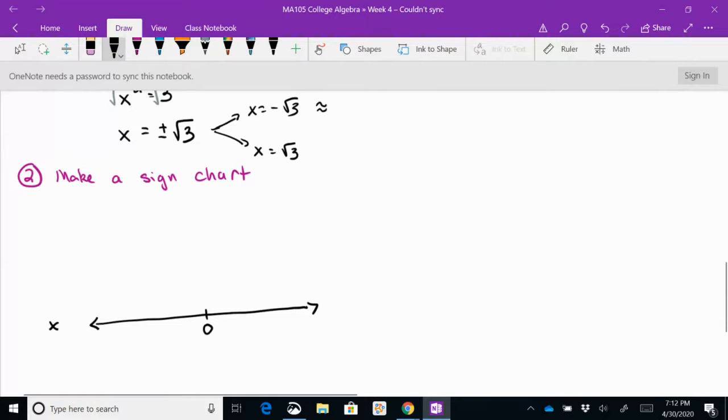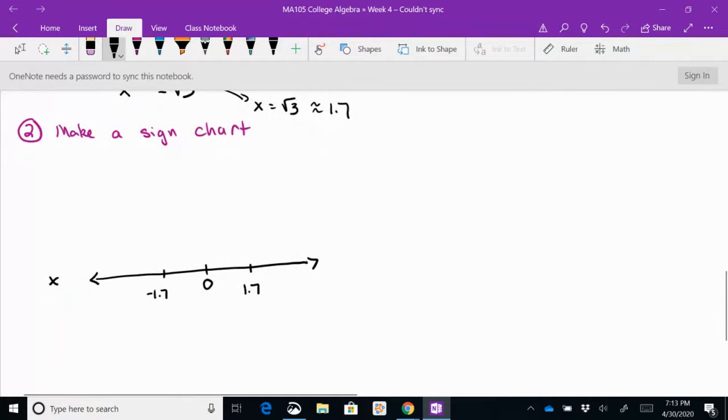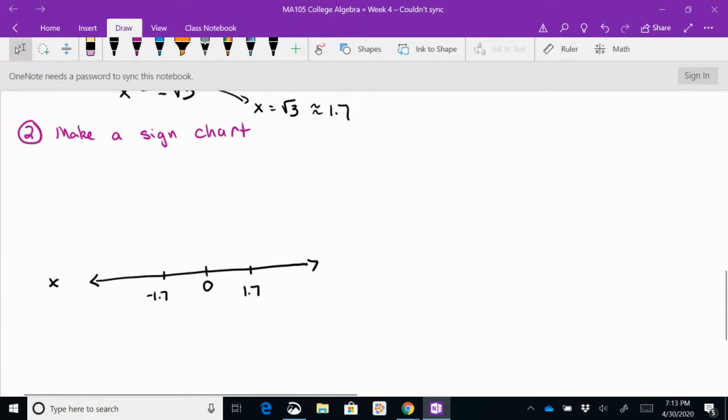So we got negative 1.7, and then this will be positive 1.7. That helps me know where to put them on my sign chart. So I'm going to label this negative 1.7 and 1.7. I put 0 on there just because we put 0 on our number line, but then I put my two values for x that I've solved for.